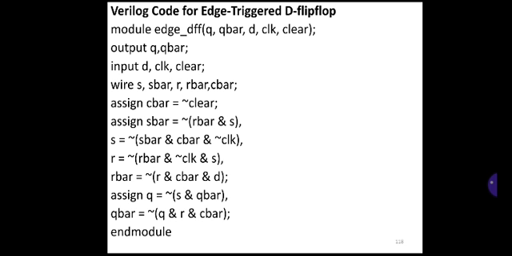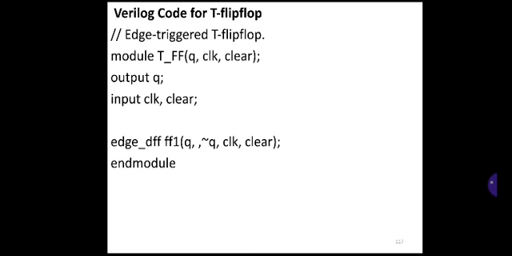Declare the outputs and inputs: Q, Q bar, input is D, clock and clear. You can declare the wires, again you have to refer to the circuit diagram. So wires are S, S bar, R, R bar and C bar. You can see the figure.